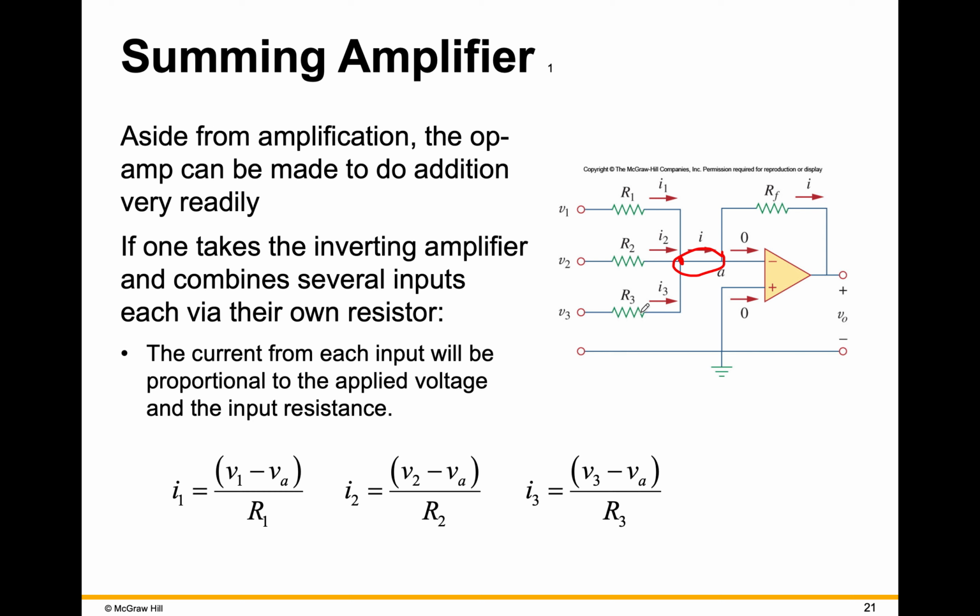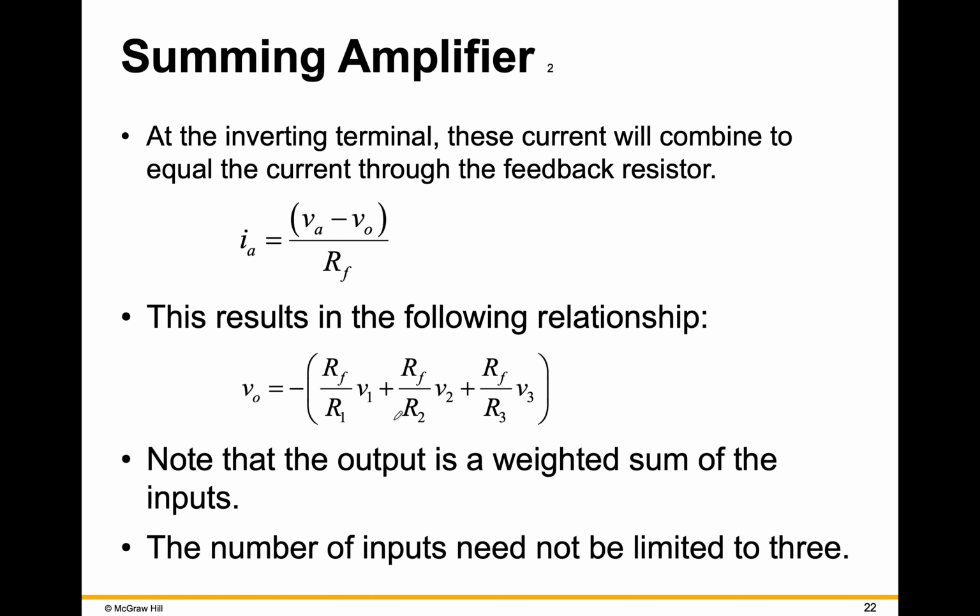By writing a KCL equation and having all 3 input currents added together equal to the output current, you put those in terms of the voltages, and it turns out that you end up with your output voltage being basically the sum of your 3 input voltages, each one modified by this ratio of R feedback over R1, R feedback over R2, R feedback over R3.